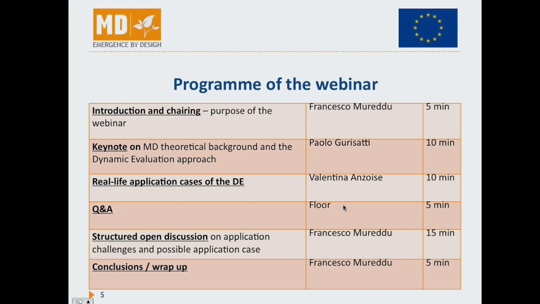The projects are ISCAM and Insight, which are concluded, and MD, Emergence by Design, which is going to finish at the end of this year. So I'm going straight with these concepts.